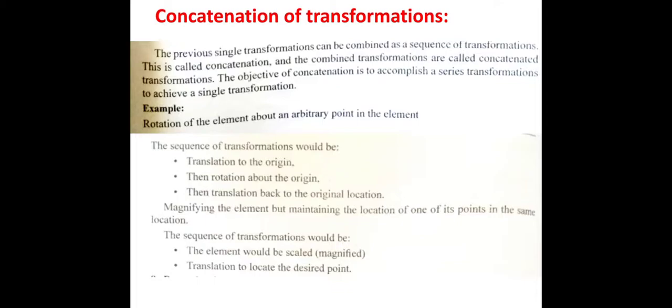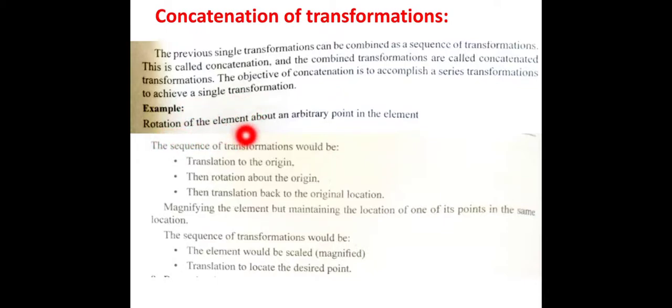The previous single transformations can be combined as a sequence of transformations. This is called concatenation. So to perform this concatenation, it is necessary that the transformation has to be homogeneous transformation, and the combined transformations are called concatenated transformations. The objective of concatenation is to accomplish a series of transformations to achieve a single transformation.